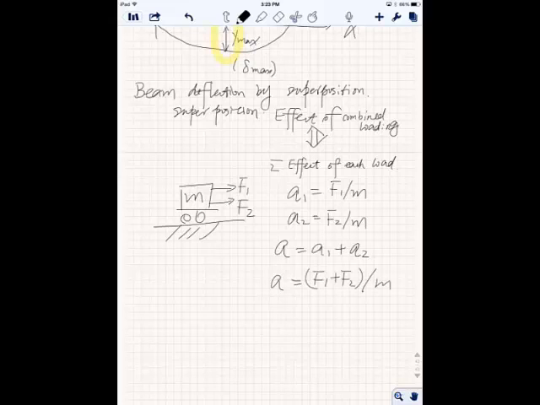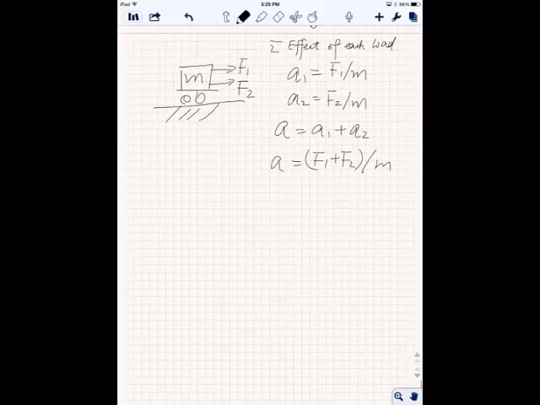So by saying that, that tells you each load, they will have separate influence on the results, and then they don't influence each other.